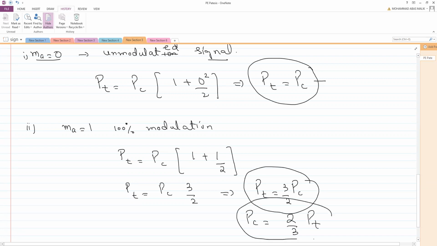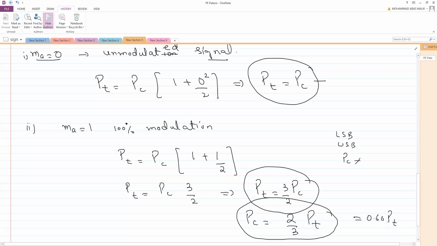Carrier does not contain any information; information is always in the sidebands, whether lower sideband or upper sideband. So carrier power is just a wastage of power. The power wasted when 100% modulation occurs is 2 by 3 times, that is 0.66 of PT.